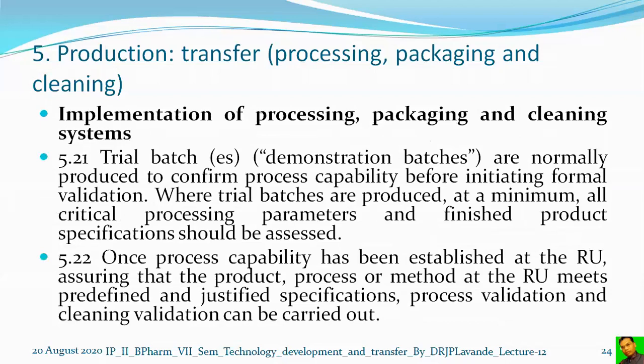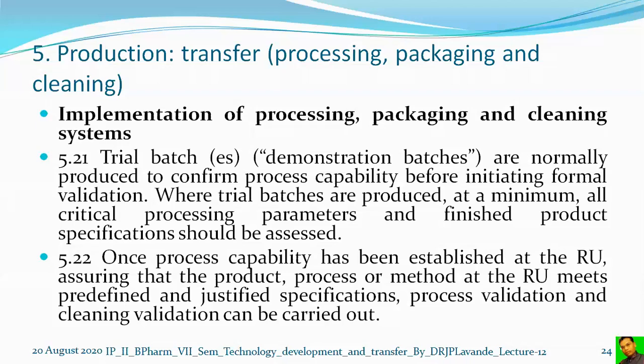5.21 is related to the implementation of all three different steps, that is processing, packaging, and cleaning. The implementation of processing, packaging, and cleaning system. From 5.21 onward, what it tells us is that the trial batches, that is the demonstration batches, are normally provided to confirm process capability before initiating formal validation, where trial batches are produced at a minimum.